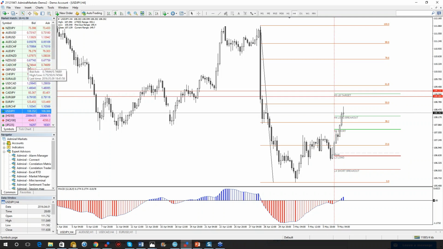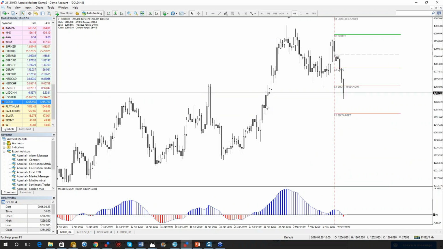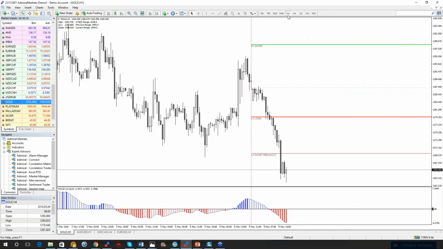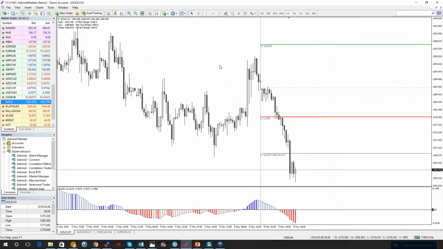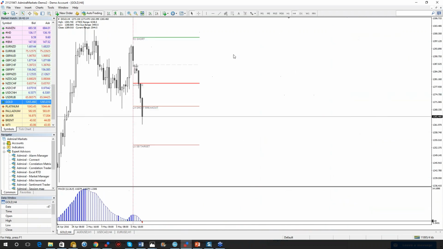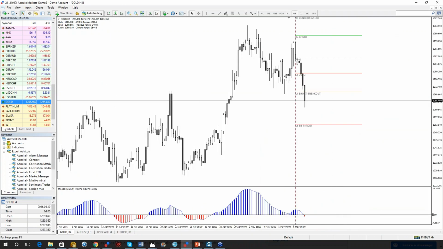Gold and silver. Gold is, well, you can see it goes down now, but it's also a correctional move. On 1 hour time frame, it's a huge down move. So you need to watch 4 hour time frame. Here, guys, we need to place a Fibonacci retracement.